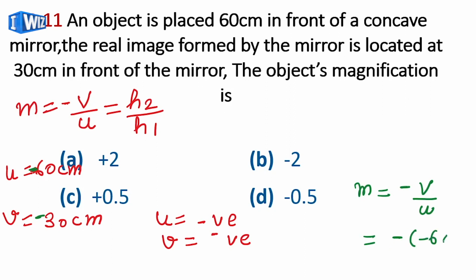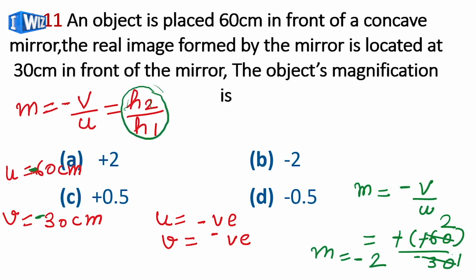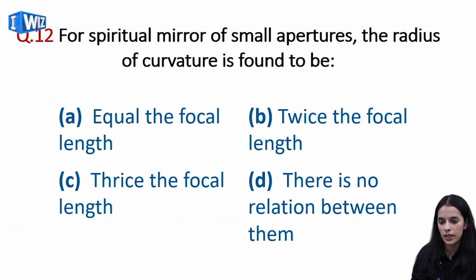So v is minus 30 and object distance is minus 60. This minus minus will cancel, so from here what is the magnification? Minus 2. If size of image and size of object are given, then you will apply this formula. And if distances, object distance and image distance, are given, you will apply this formula. So what's the right option? Minus 2. Clear? Next.